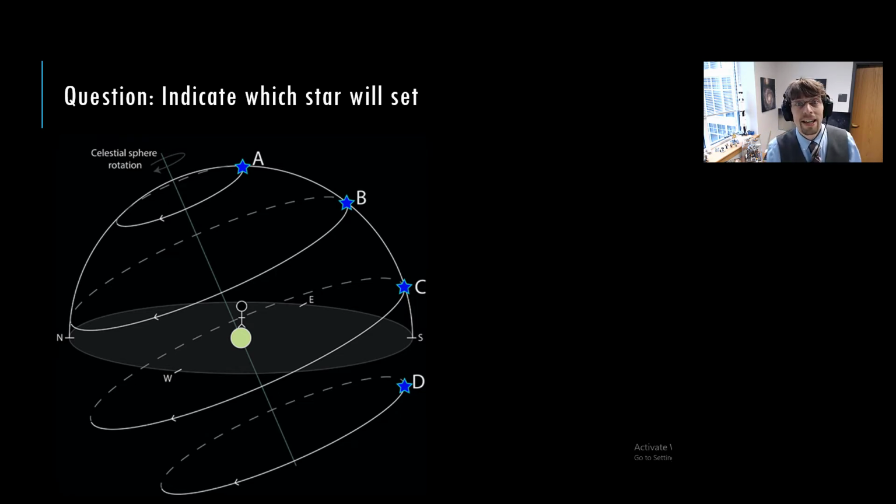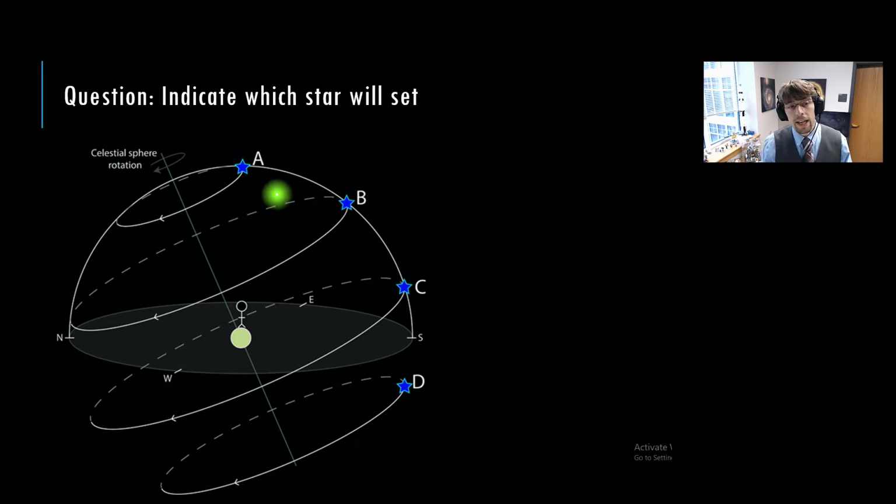It means that it goes from above the horizon to below the horizon. Same thing, if we have a star rising, it's going from beneath the horizon to above the horizon. So in this spaceship view, we need to get an idea about a star setting.